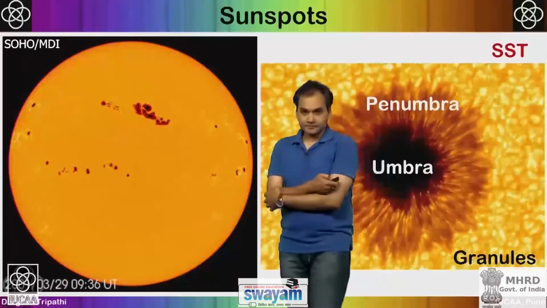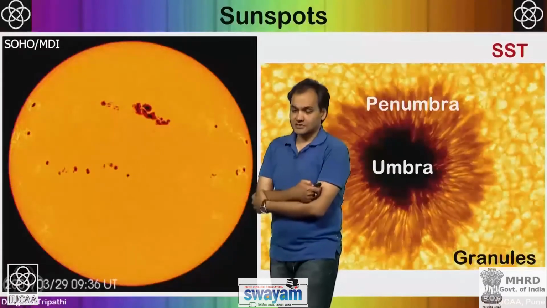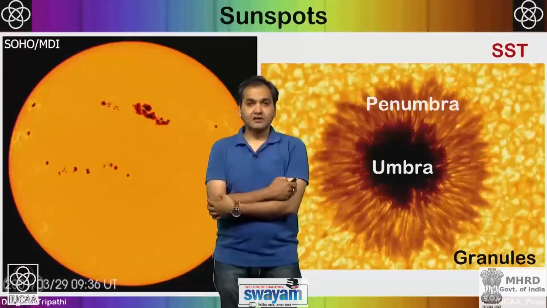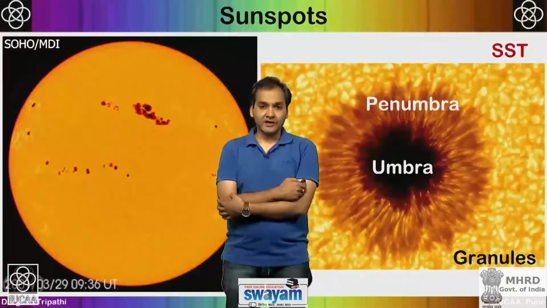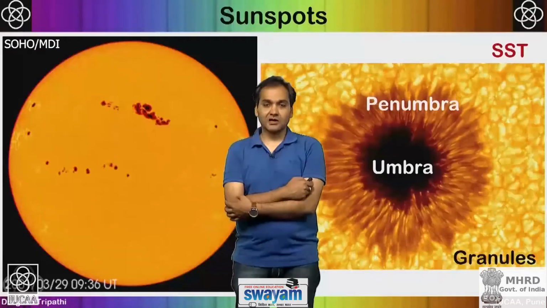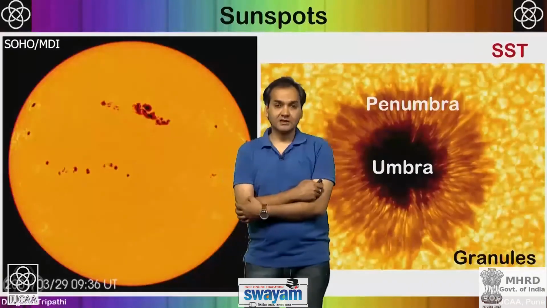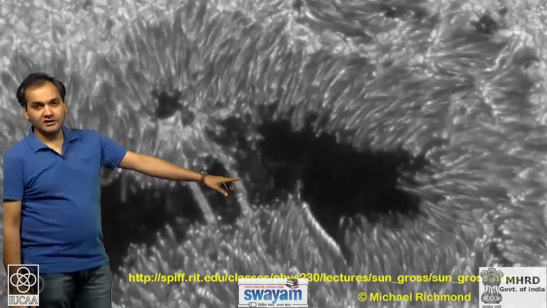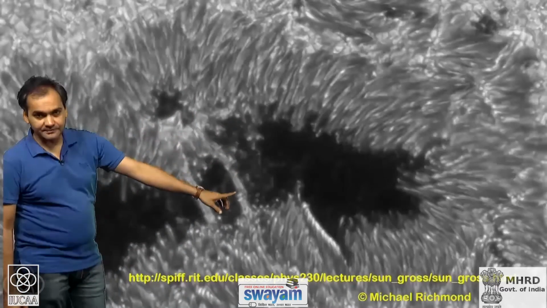Now, if you look into these sunspot structures in even more detail, what you find is that they are not always a nicely rounded umbra-penumbra structure, but you also have structures where you see these kinds of bridges forming between the penumbra.